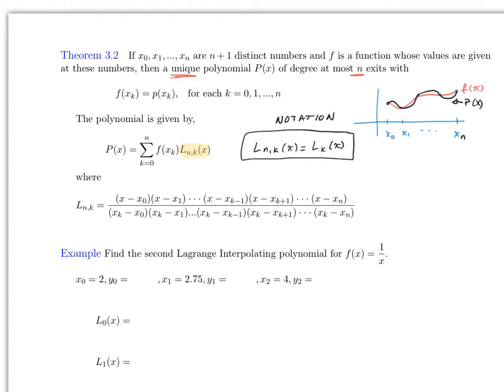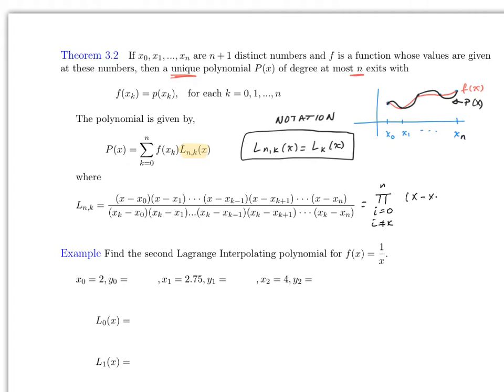Now, this looks like a total mess, and it's actually not that complicated, like you will see in the next example. It's just pretty tedious to compute these things. That's why we're going to use MATLAB to program this, but you still need to know how to do this by hand for small values of n. Now, this is the same thing as this. You want to write it in compact form.